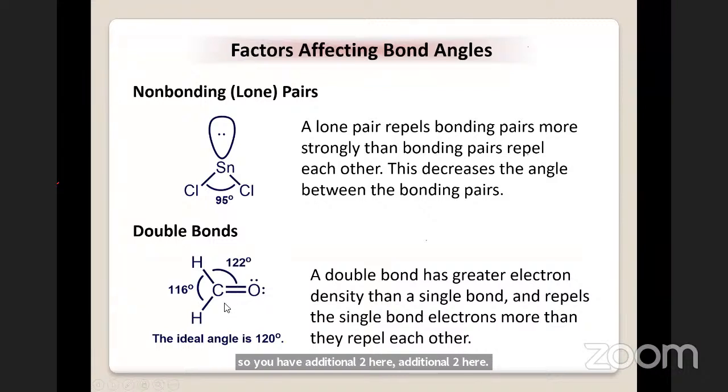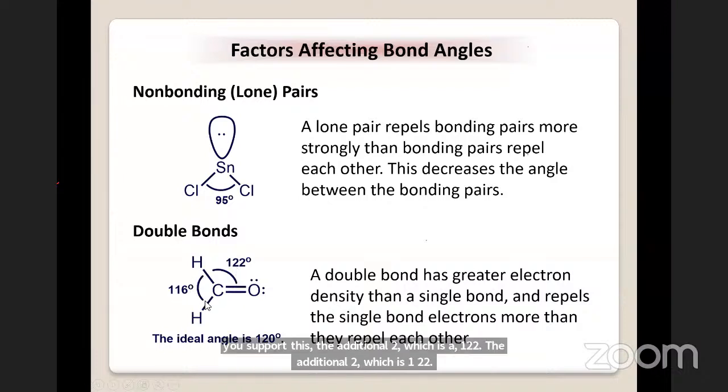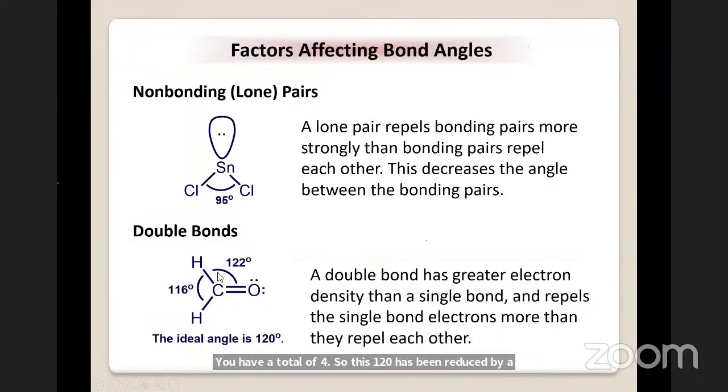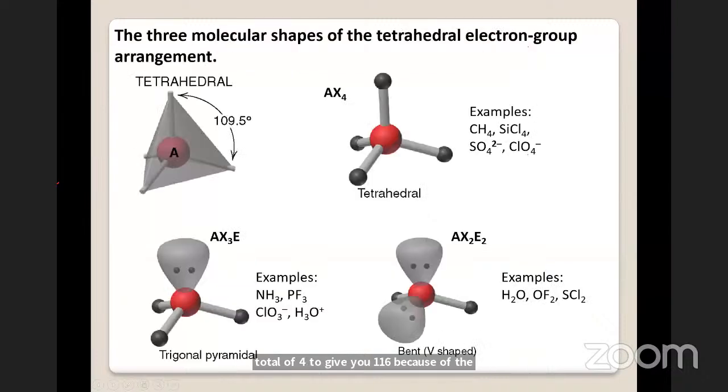You have a total of 4. So this 120 has been reduced by a total of 4 to give you 116 because of the repulsion of the double bond. Then for the AX4 system, AX4 normally should be tetrahedral.